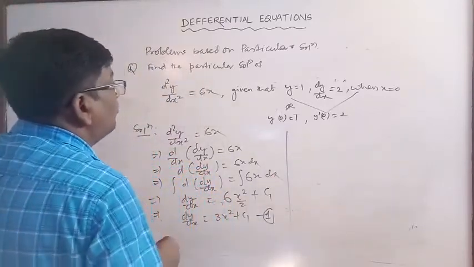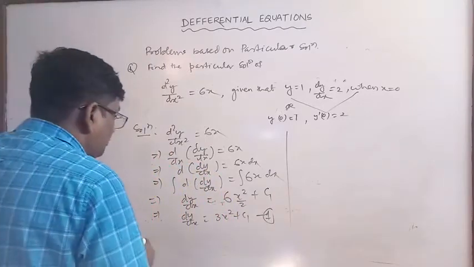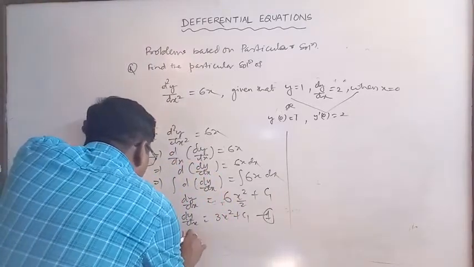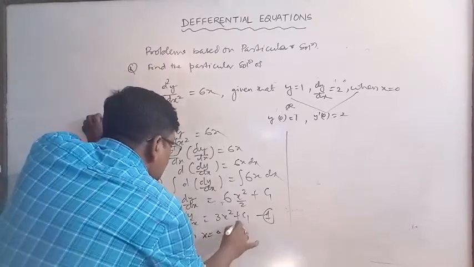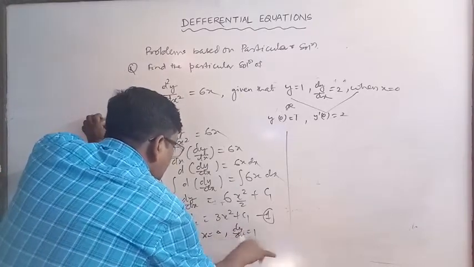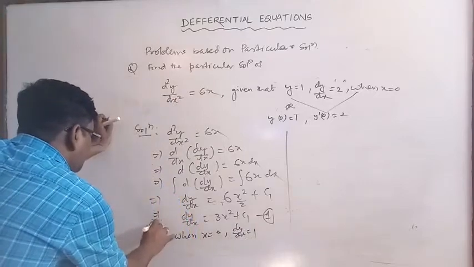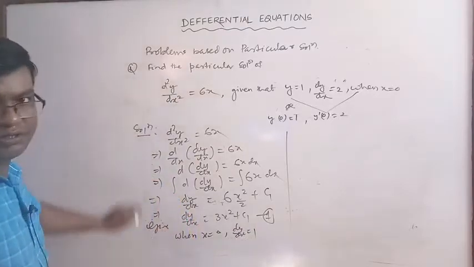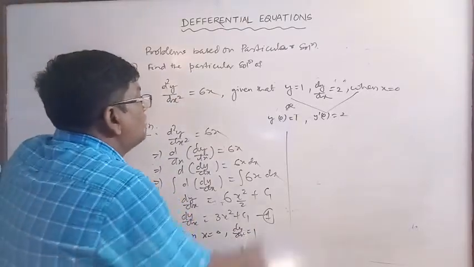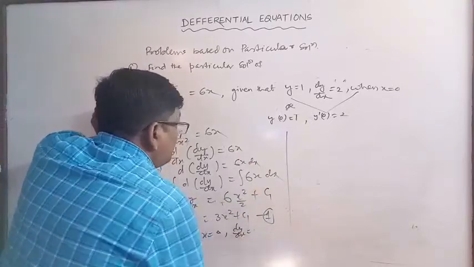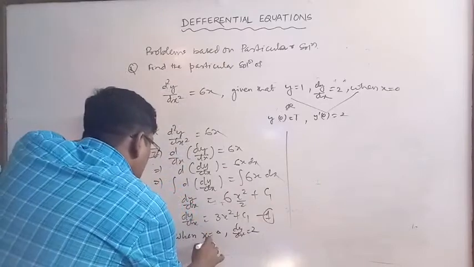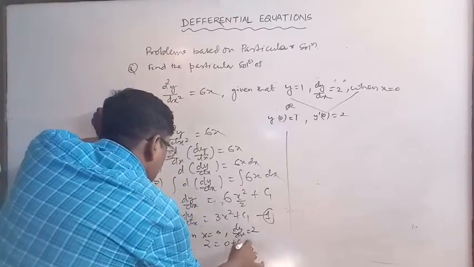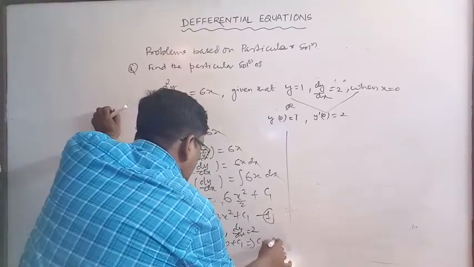Now what is given? When x is equal to 0, dy by dx is equal to 2. So 2 is equal to 0 plus c1. So c1 is equal to 2.